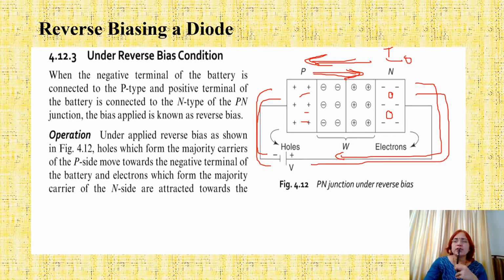This reverse saturation current is totally temperature dependent, and it is in the microampere range for germanium semiconductor, and it is in the nanoampere range for the silicon semiconductor. As germanium is more temperature dependent, therefore the reverse saturation current is more in case of germanium material.